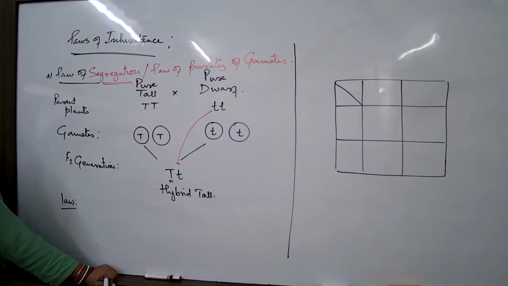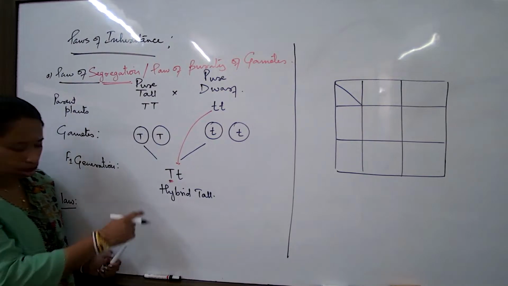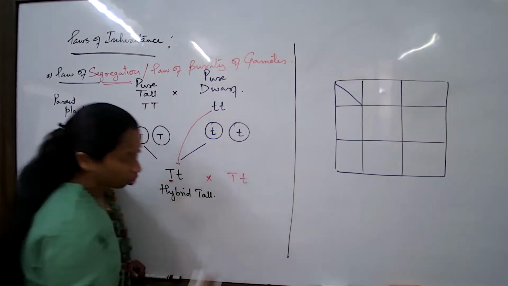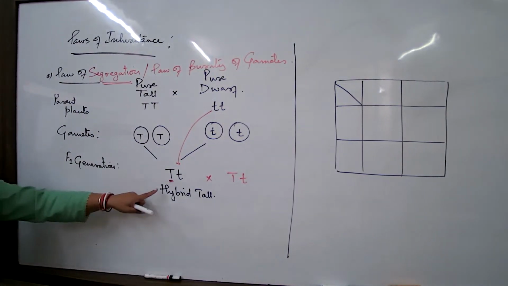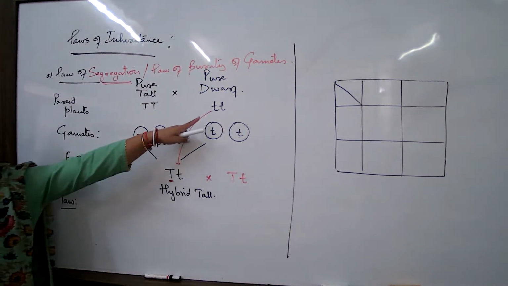And that was the reason he had done this process a number of times, and the results were more or less the same every time. Then he thought of crossing the F1 plants again. So he thought of breeding the F1 plants themselves. So when he did so, in the F2 generation, definitely he got such type of plants.